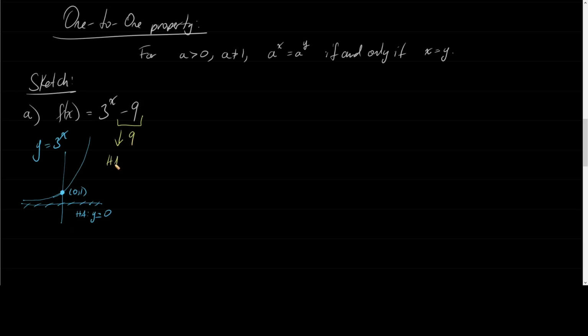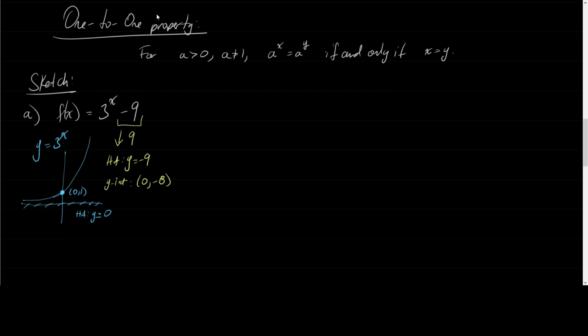So the horizontal asymptote is the line y equals negative 9 because everything needs to be shifted down by 9, right? What else needs to be shifted down? Our y-intercept needs to be shifted down by 9 units. So our y-intercept is going to be the point 0, negative 8, because I'm bringing this point down by 9 units.